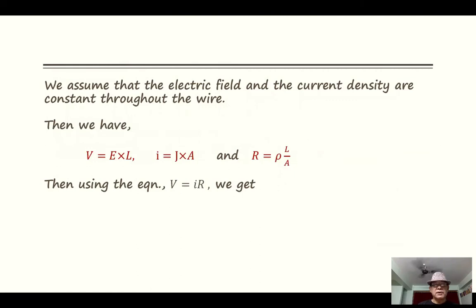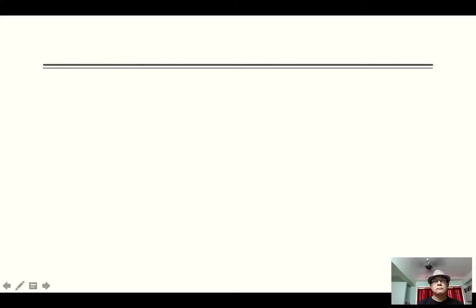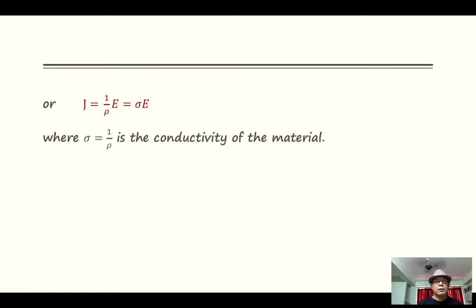Then using the equation V equal to IR, we get E into L equal to J into A multiplied by rho into L by A, or E equal to rho into J, or J equal to E by rho equal to sigma E, where sigma equal to 1 by rho is the conductivity of the material.